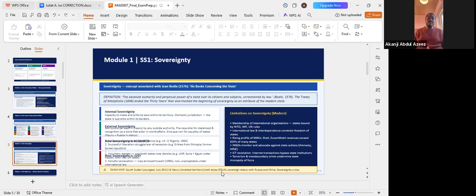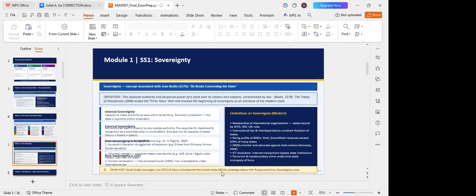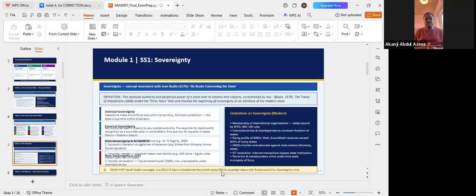They believe that there is no central police or central government to make order in the international system. I don't know whether you've heard of the realist theory. I think it's MIAD 803, if I'm not wrong. Yes, sir. So the realist theory holds that the international system is anarchical, that is, there is no central government to make order.